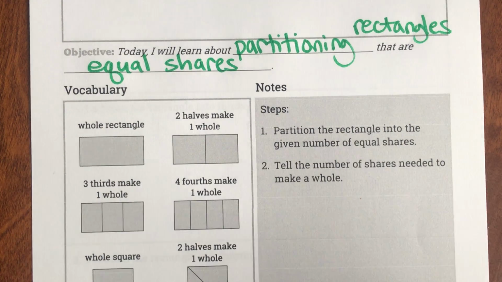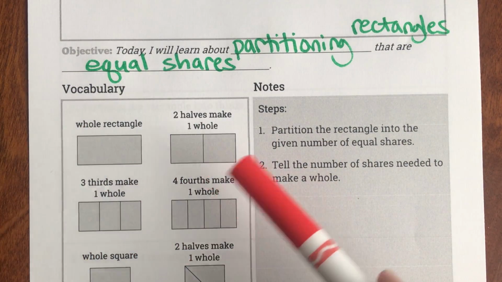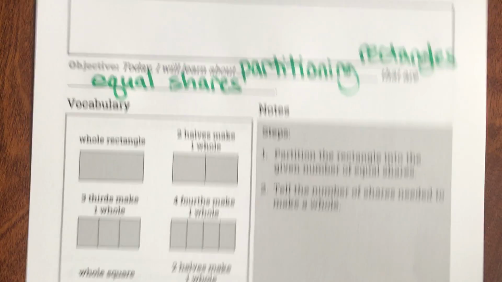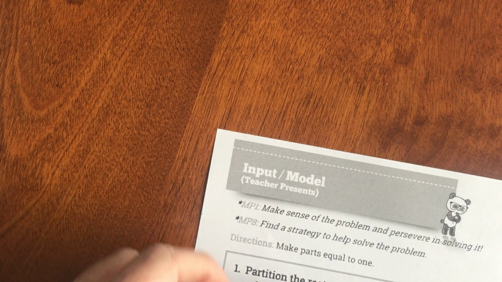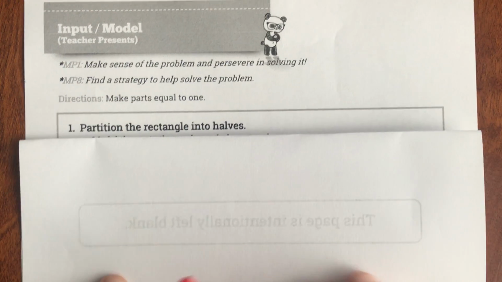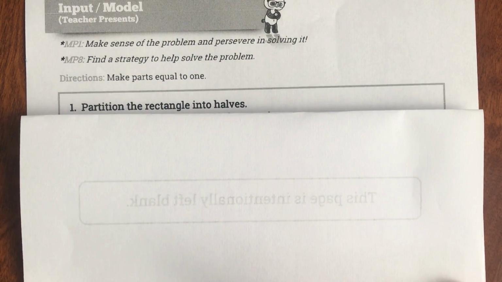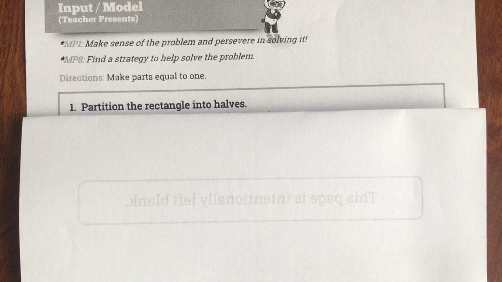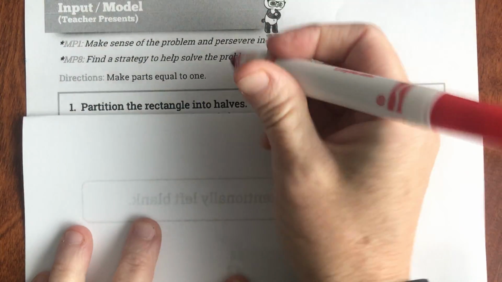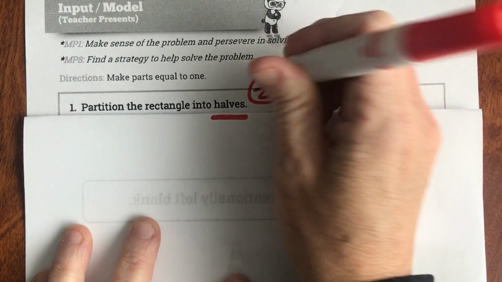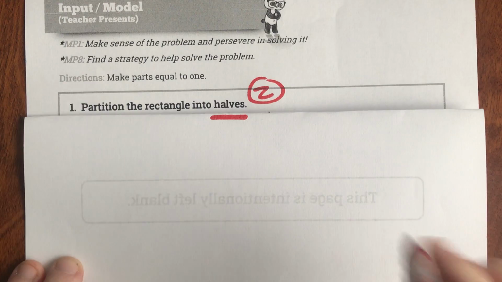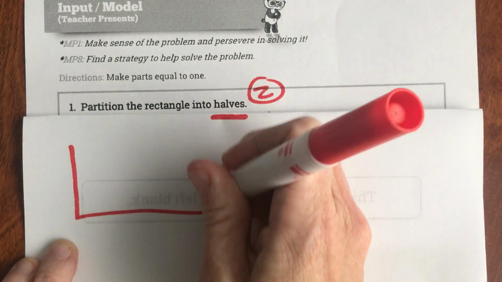Okay, I'm going to put down my green pen and pick up my red, so you could put down your pencil as well and watch me do a couple of these. Okay, so my first problem says partition the rectangle into halves. Halves tells me there's going to be two parts, and they want me to use a rectangle today.